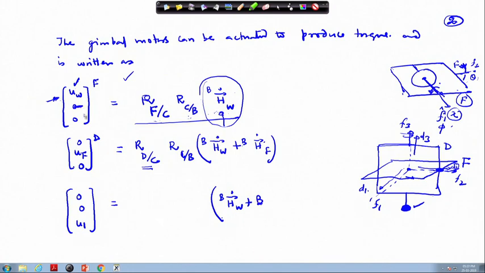So, these are the things which are not to be accounted for.